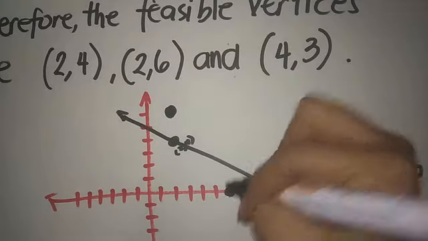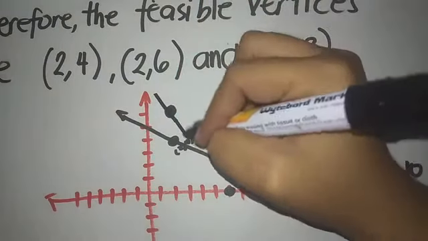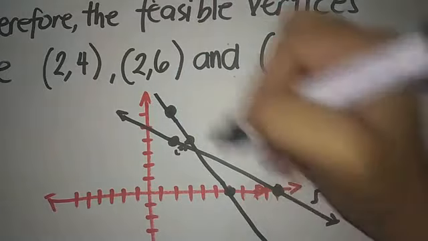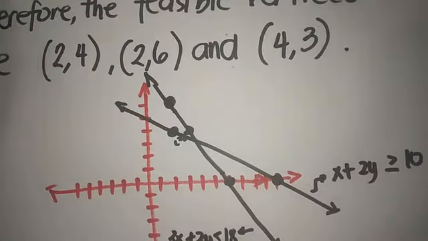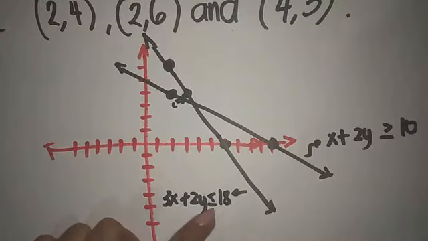So, 6 and 0. Just connect them. This is 3x plus 2y is less than or equal to 18.